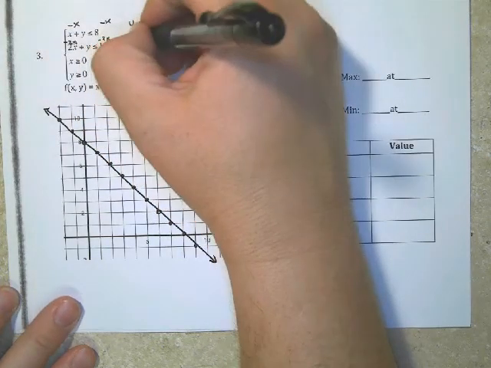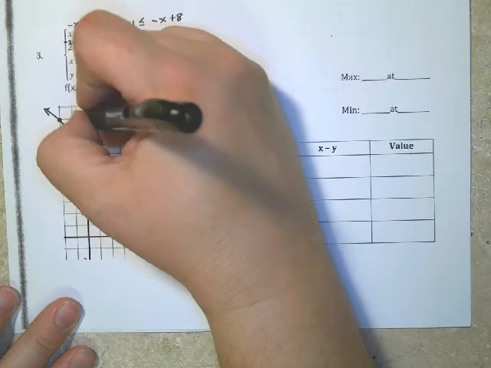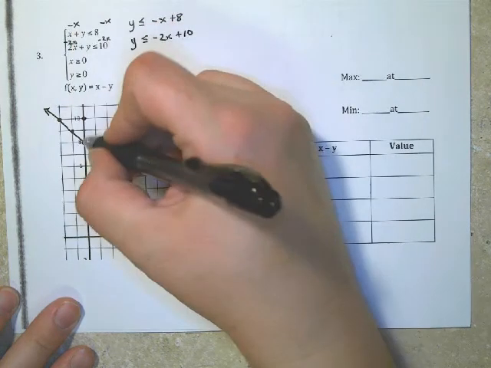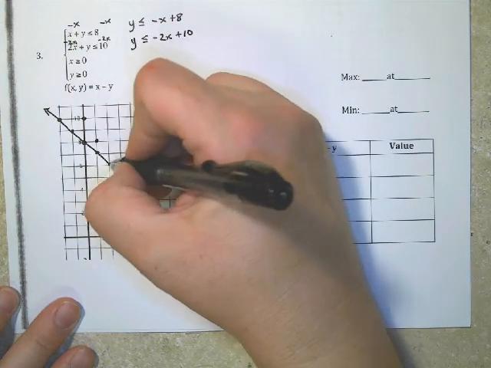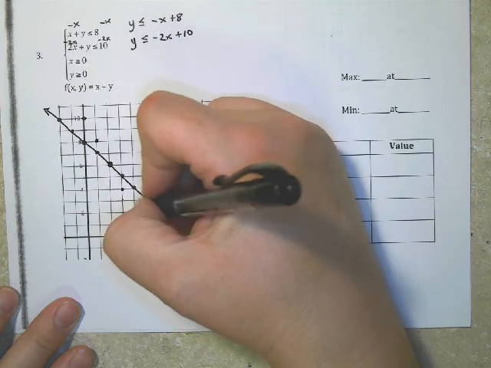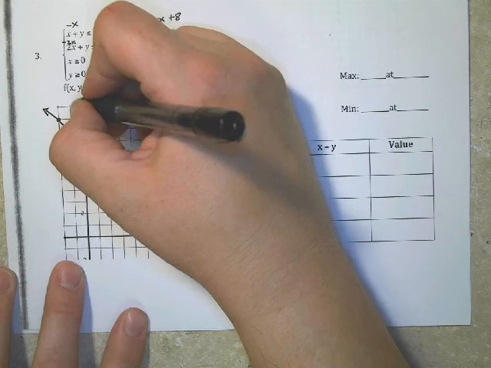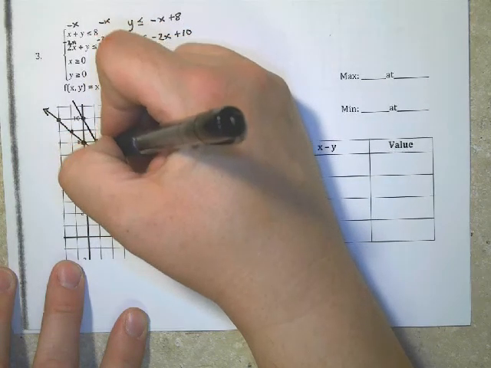Solid line. And we'll subtract 2x, so y is less than or equal to negative 2x plus 10. Down 2, right 1, repeating.